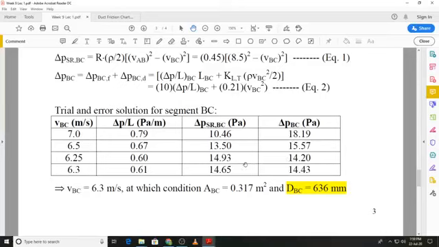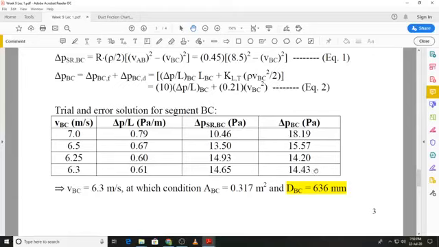So we can fine tune our result by slightly increasing again. We want to now reduce this value of 14.93, so we will slightly increase the value VBC, and I've just made it 6.3, and at this value you can see that the two values, the static regain value and the pressure drop, which is the sum of both frictional and dynamic losses, are quite close together, and we can stop our iteration at this point.